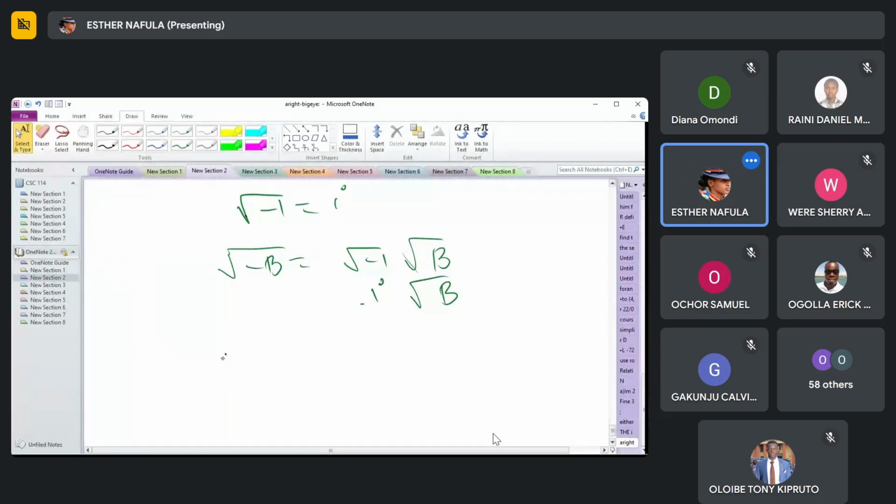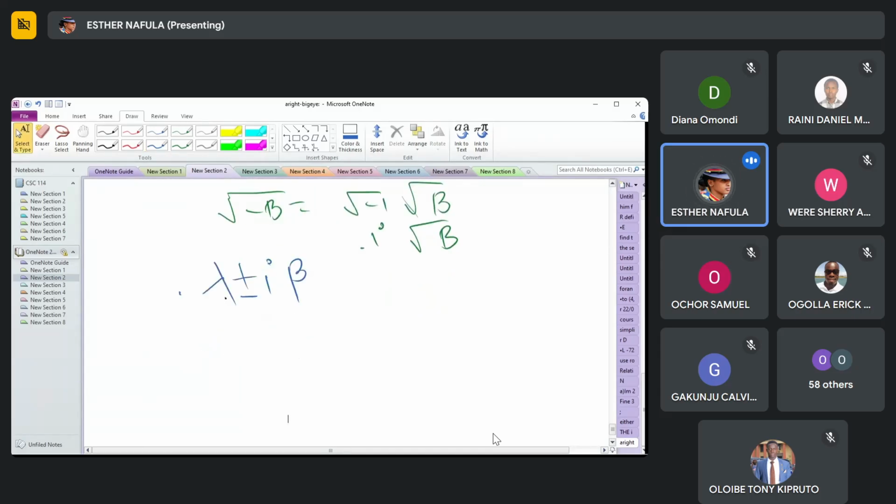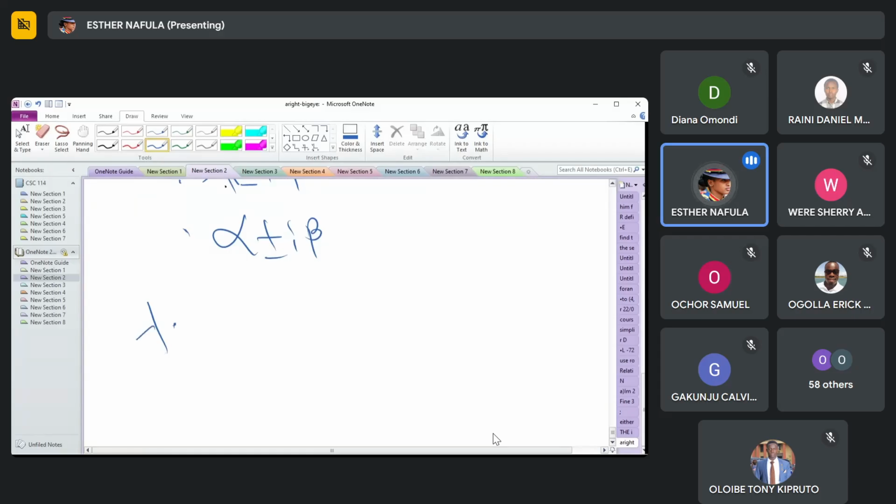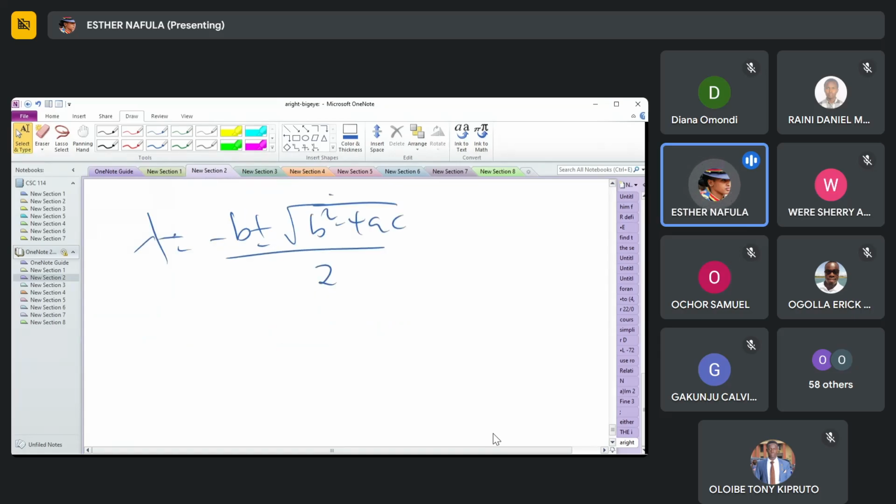be in the form alpha plus or minus i times beta. This follows from, I wrote lambda, alpha plus or minus i beta. This follows from, you have lambda is minus b plus or minus the square root of b squared minus 4ac, divided by 2. But if you're dealing with a case of b squared minus 4ac less than 0, then you have lambda is minus b plus or minus i times something.